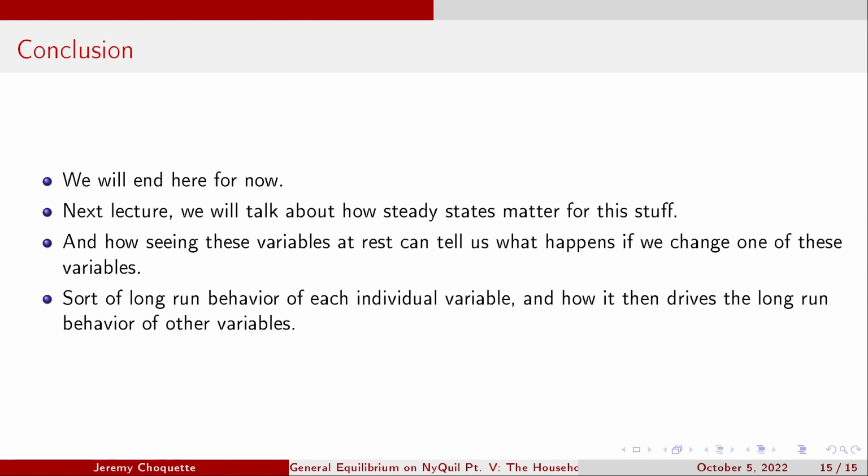So we can think of like the long run behavior, right? There's what you're doing now versus what your long run trajectory is. So if we think about the long run trajectory, right, what these guys are all sort of tending towards, we can think about how it drives the long run behavior of other variables. And that is also going to help us parse out what some of the short run behavior is versus the long run.